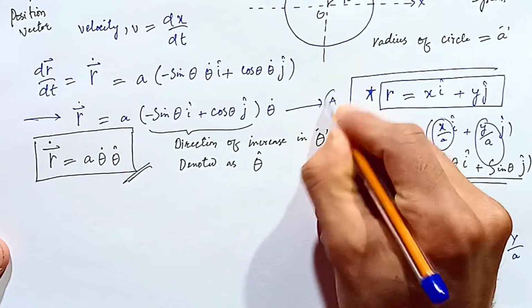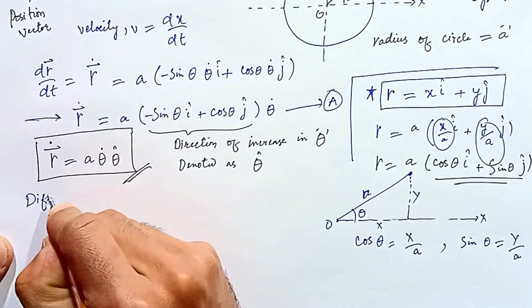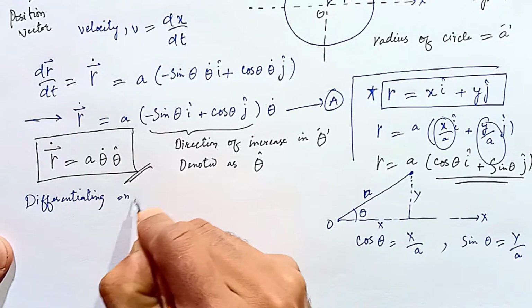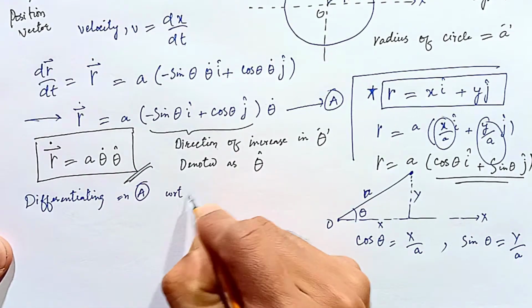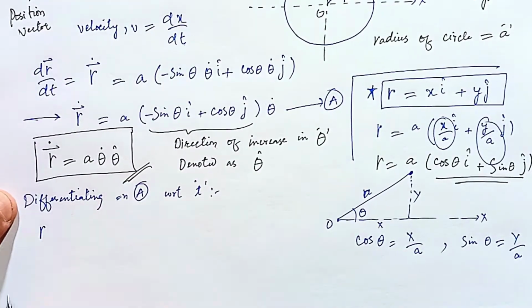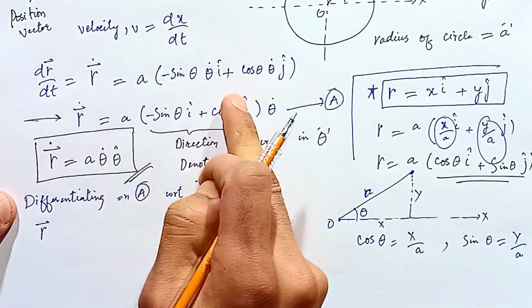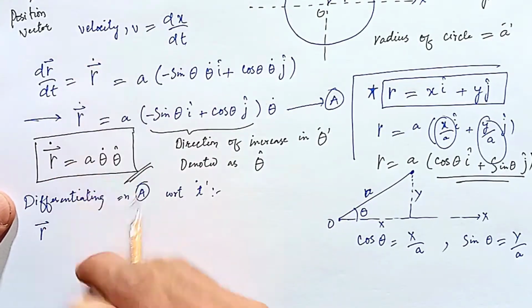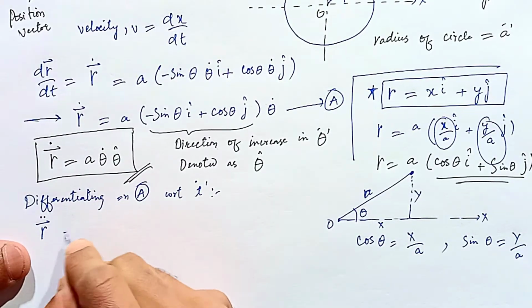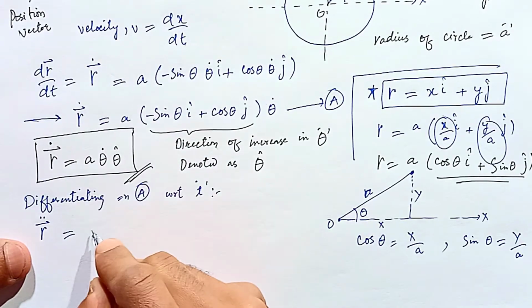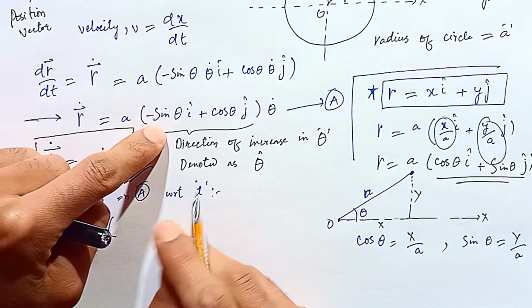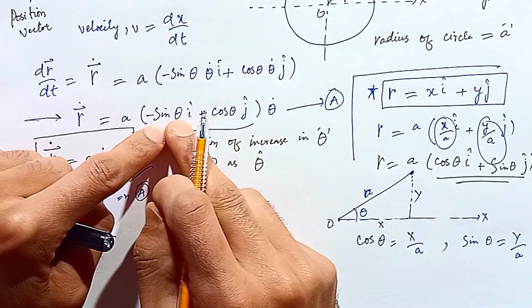Say this is equation A. Differentiating equation A with respect to time again, what will we get? The first differentiation we got this, then the double differentiation with respect to time gives r double dot. So r double dot will be equal to a, still constant, times the differentiation of the sine and cosine, with theta dot.